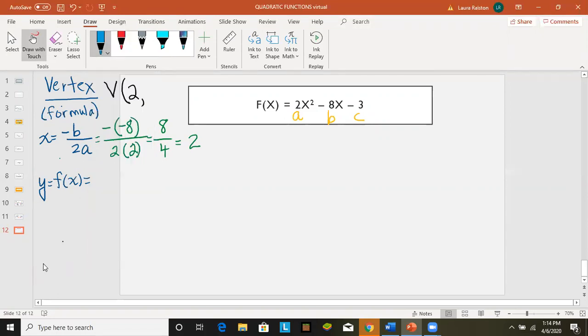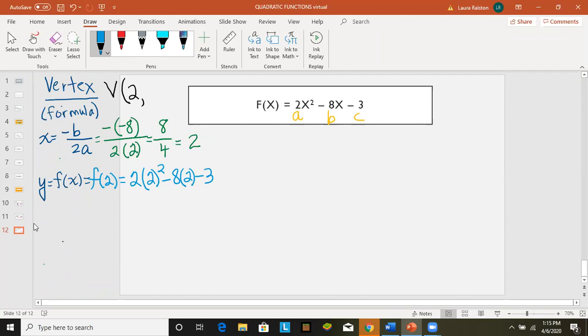To find the y coordinate, I have to substitute 2 back into the original function wherever there is an x. So I would have 2 times 2 squared minus 8 times 2 minus 3.